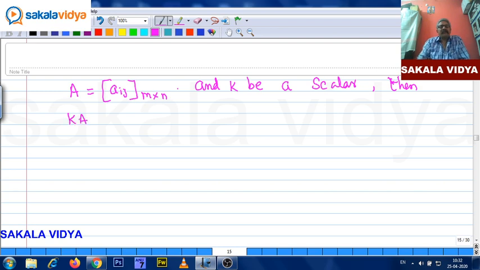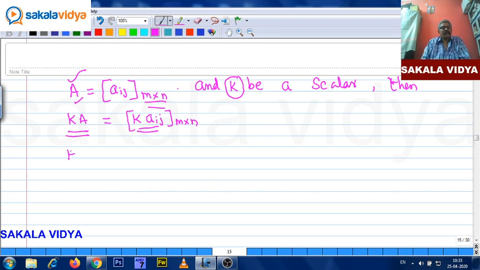That means multiplication of a scalar with a matrix. kA is defined as k multiplied by Aij of order m by n. Remember one thing: k is a scalar and A is a matrix of order m by n, so kA is also a matrix of order m by n. That means each and every element of A should be multiplied with the scalar.